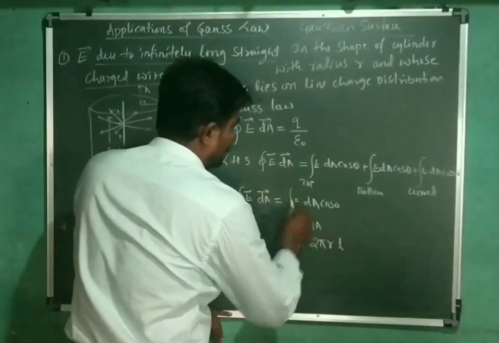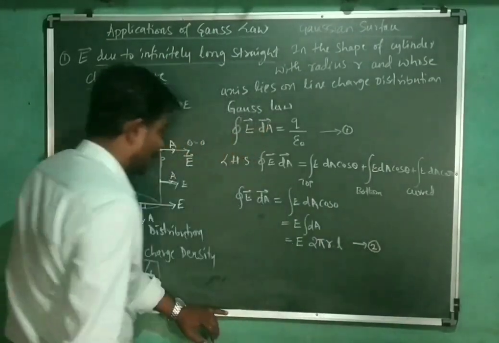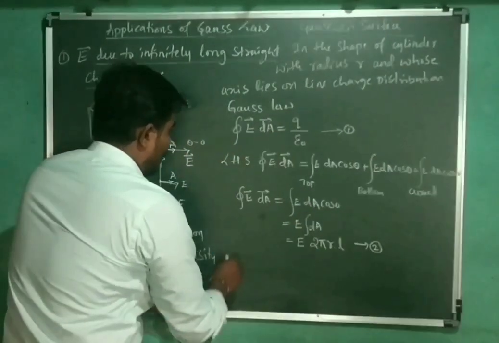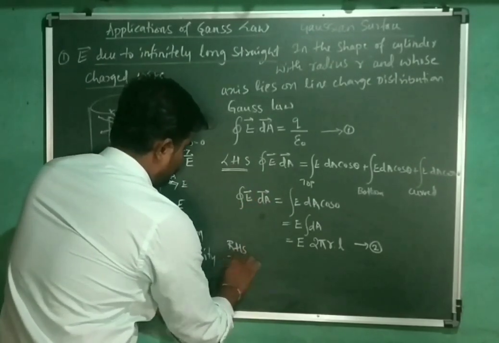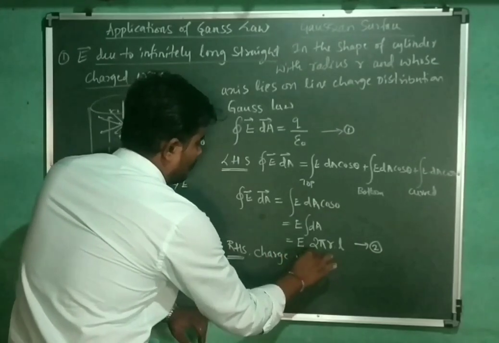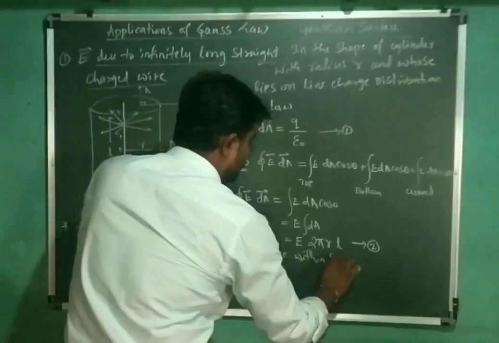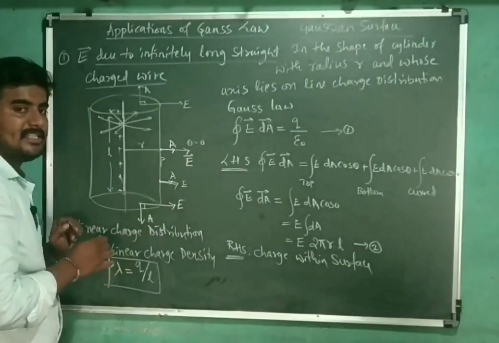Let us call this equation 1 and this equation 2. Okay, and the RHS part, that is the charge within the surface. Inside this cylinder, how many charges are there?